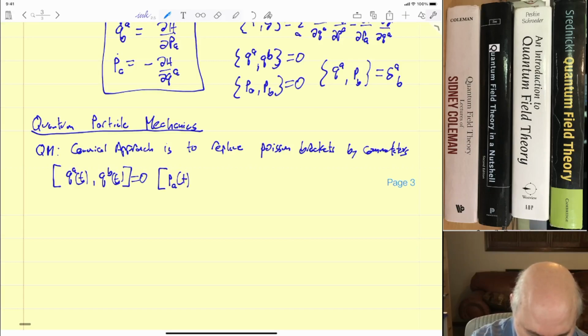And whenever we do commutators, here I'm using these variables because they have time in them. These are Heisenberg time dependent variables.